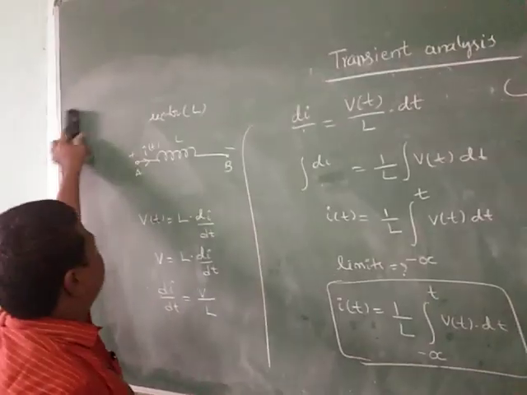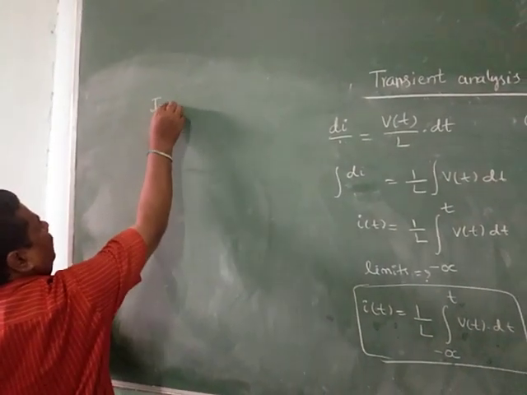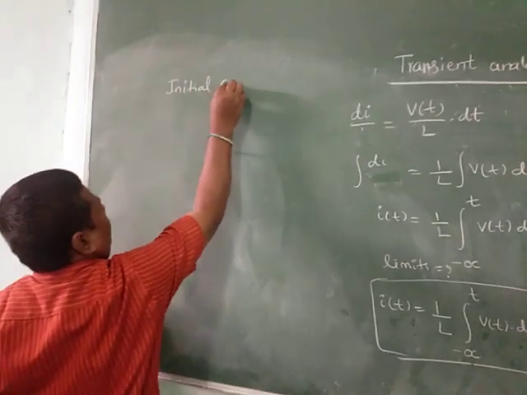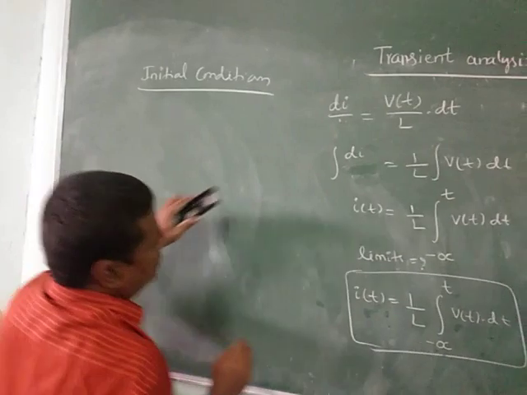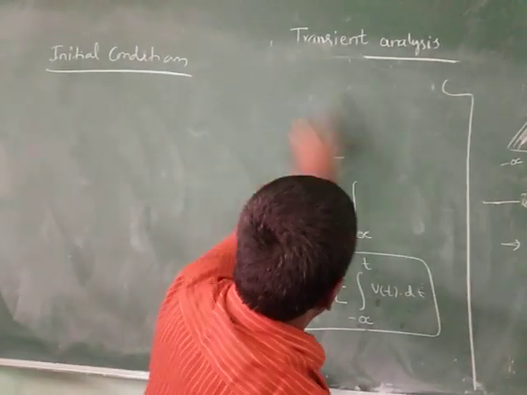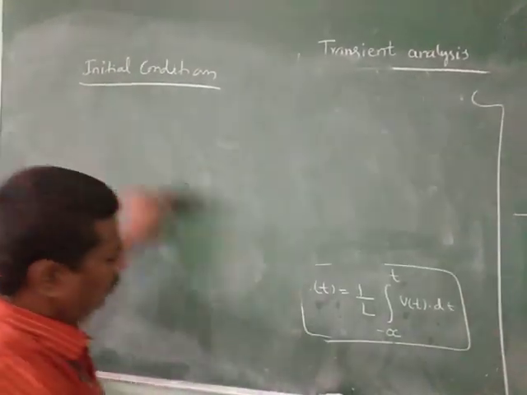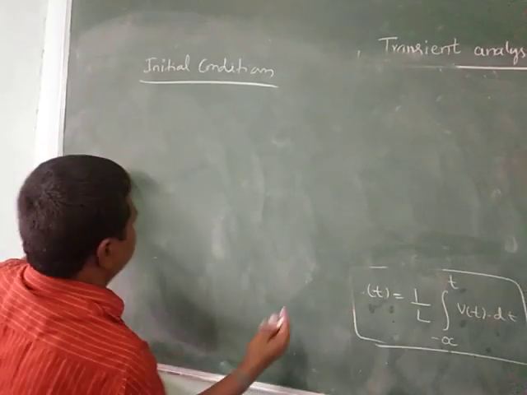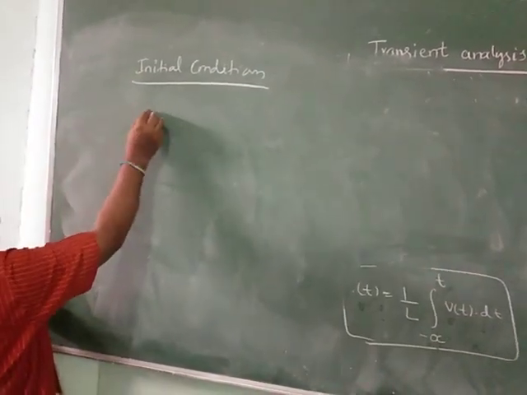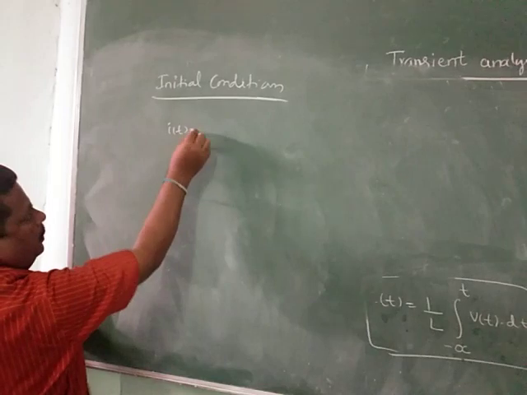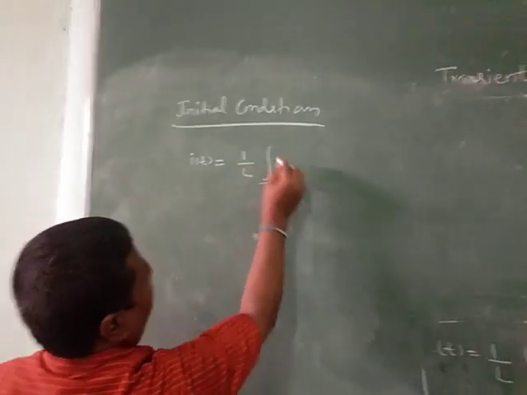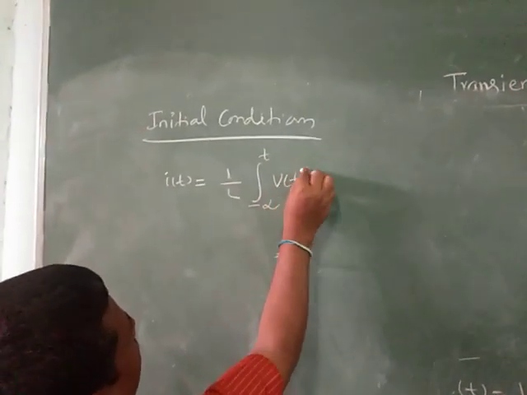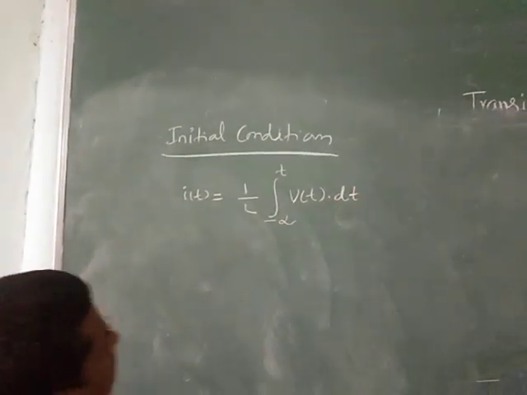Now initial conditions. Coming to this expression, we know that in an inductor I of t is equal to 1 by L integral from minus infinity to t of V of t into dt.